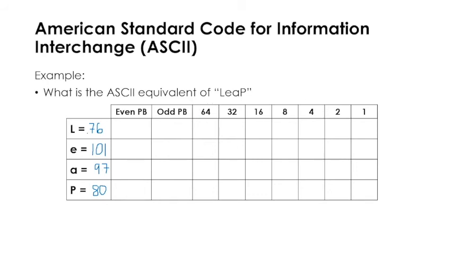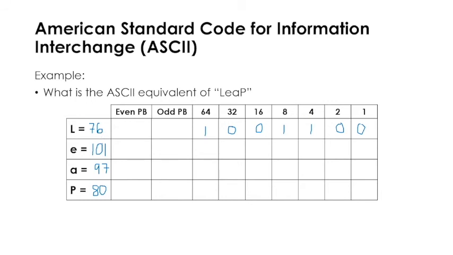So for capital letter L, we have 76. It is equivalent to 1, 0, 0, 1, 1, 0, 0. Because if we add 64, 8, and 4, the sum of it will be 76.